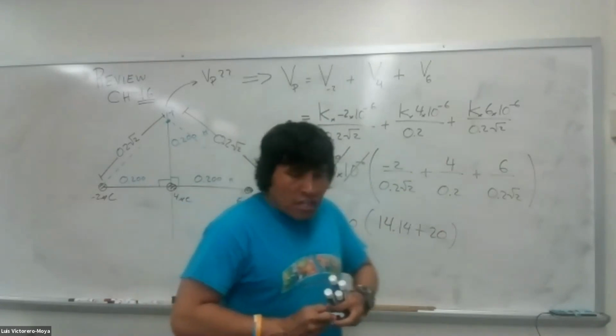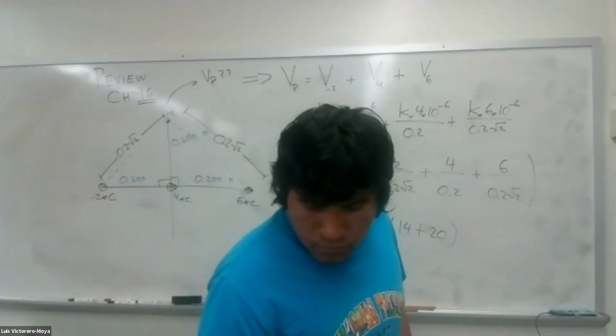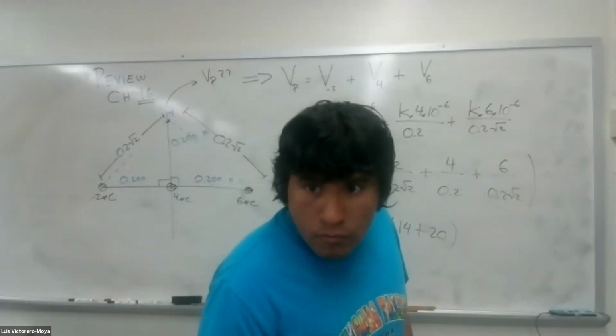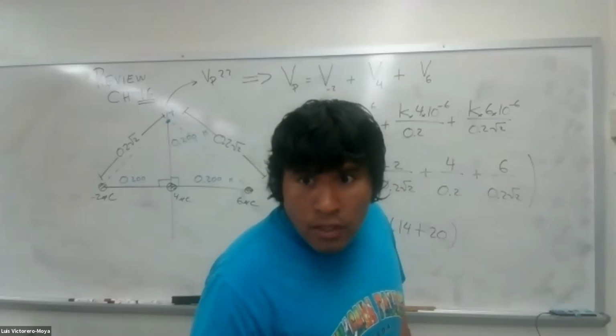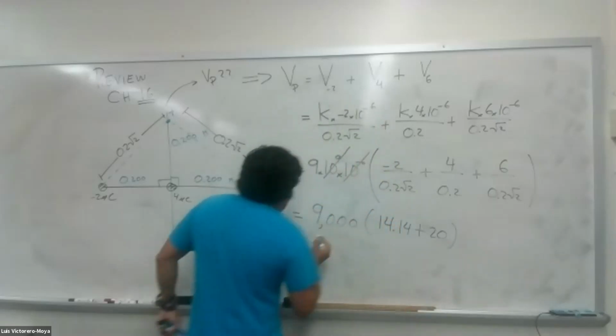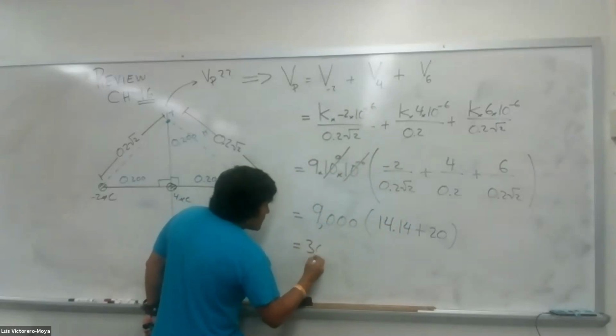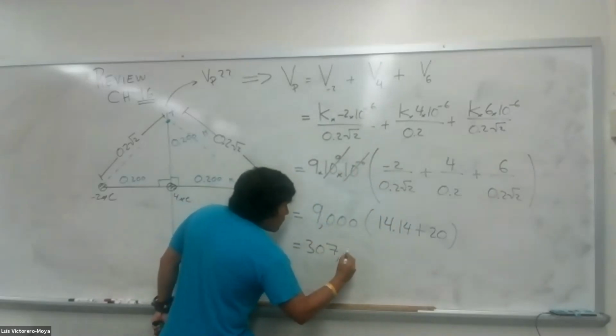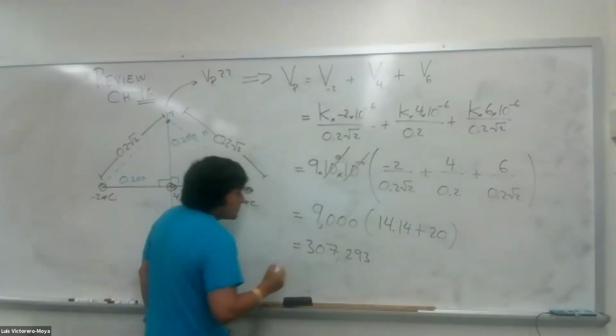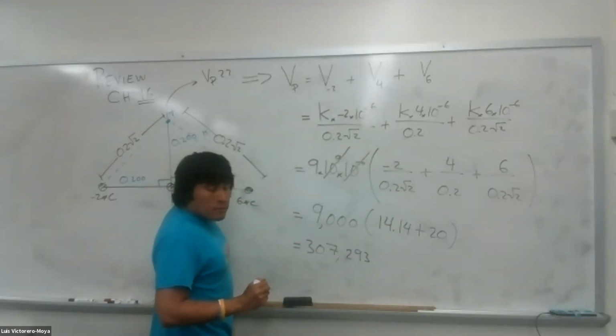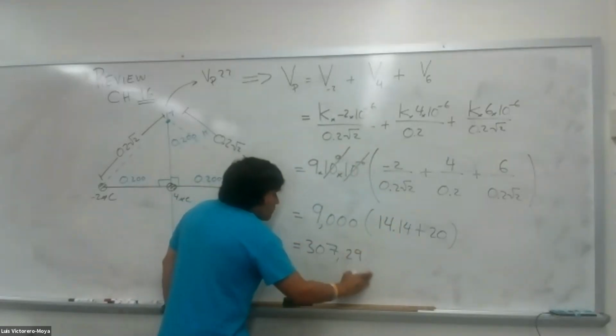So that will all give me 34.14 times 9,000. I get 307,298. Right?